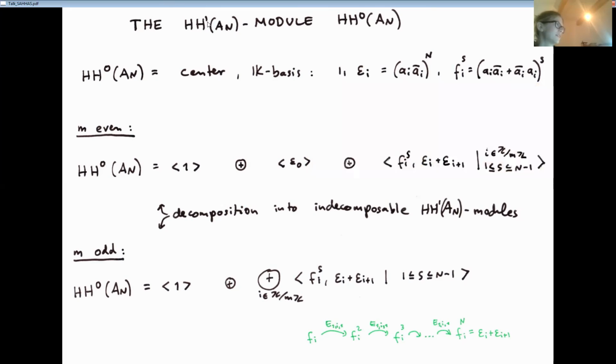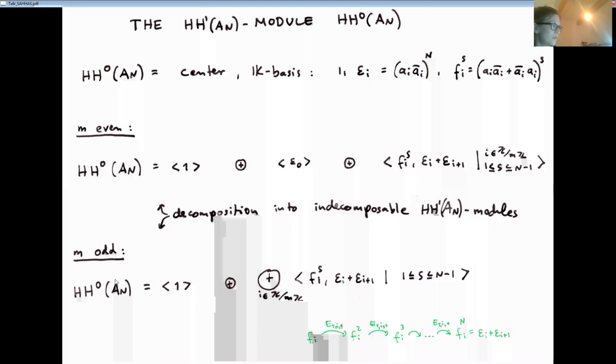Now, as a module over the Lie algebra HH1, this one decomposes differently for M even or M odd, and in both cases we have a one-dimensional summand given by 1, and then these decompositions differ a little bit.